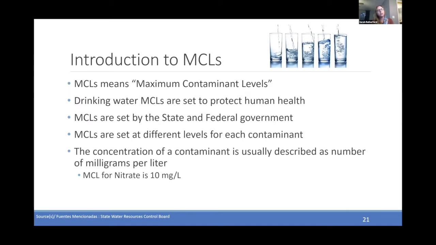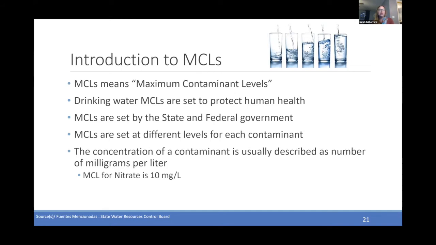So we're now on slide 21 to discuss a little bit more about maximum contaminant levels, or MCLs. A drinking water MCL is set to protect human health, and these levels are set by both state and federal government.